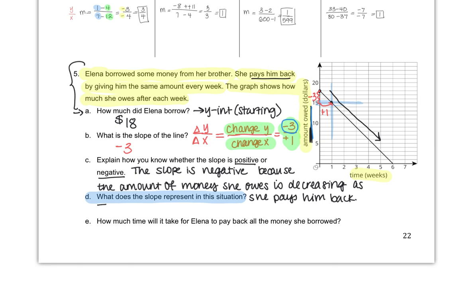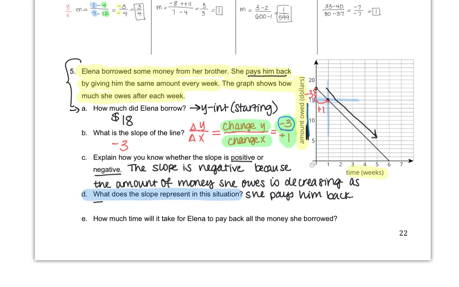The amount of money owed decreases by $3 every week, because x is just changing by 1, so that would be every week.